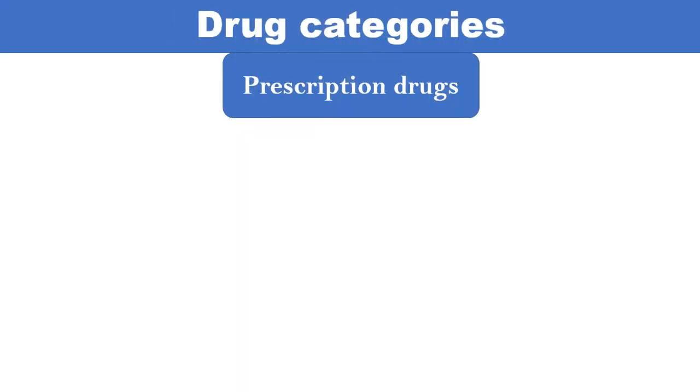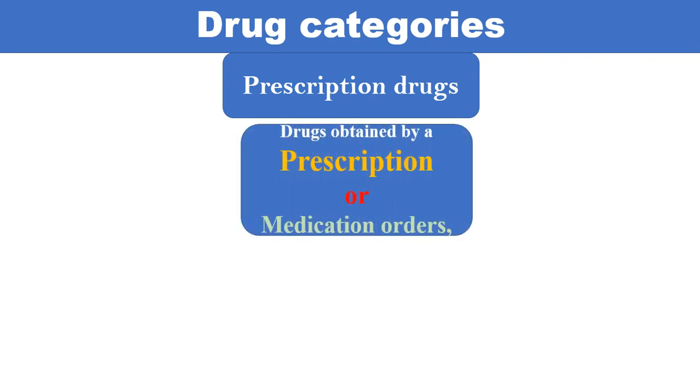What are the types or categories of drugs? We have prescription drugs. These are drugs used by order of a physician, obtained by prescription or by medication order.